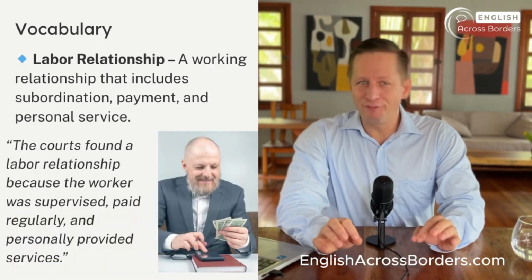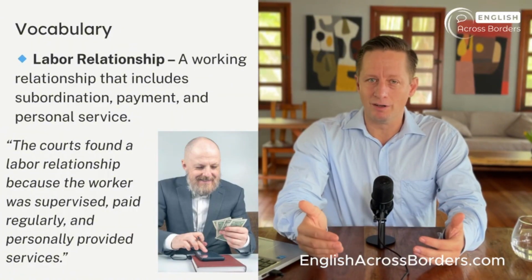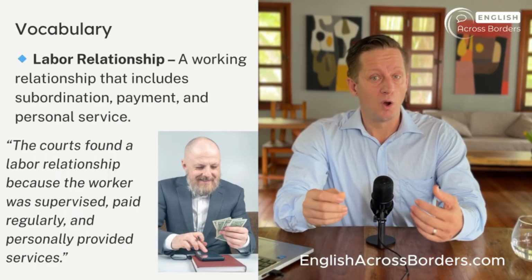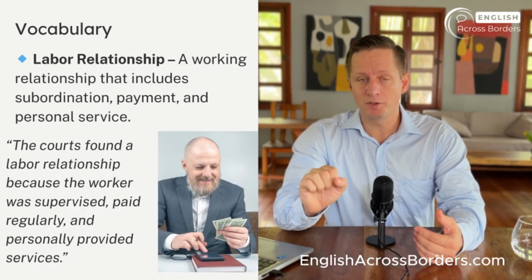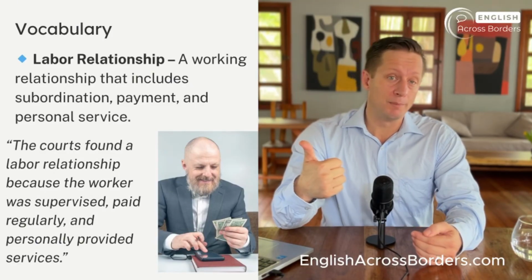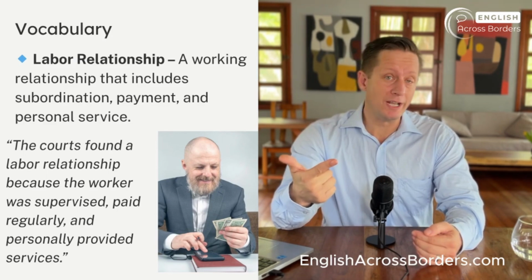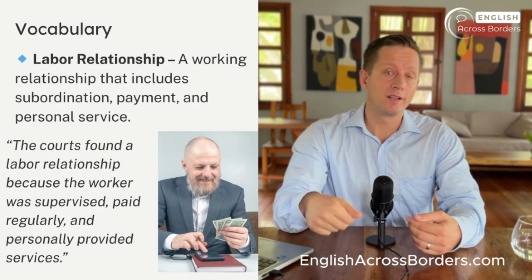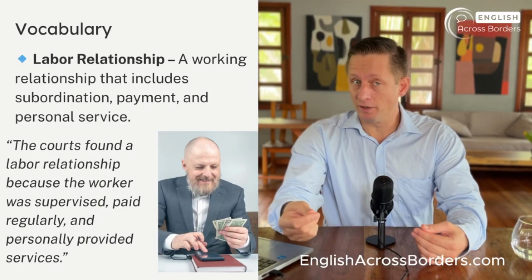Now, let's define the heart, the most important part of labor law: the labor relationship. This means a working relationship characterized by three core elements, which we've talked about: subordination, the worker follows the employer's direction; payment, the worker receives wages or salary; and personal service, the work is done by the individual, not delegated to someone else.